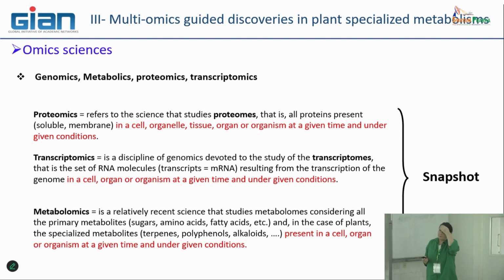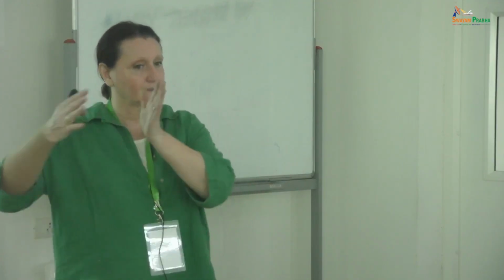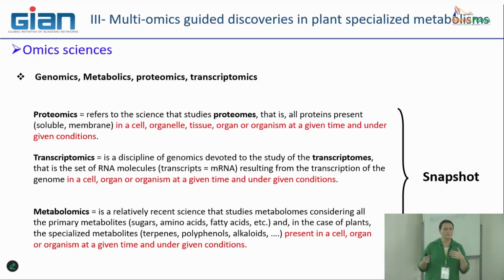So it means that before starting to make some proteome, transcriptome, or metabolome, you need to be exactly conscious of the situation of your plant. And this is interesting because in this way, we can put the plant in different types of conditions and compare how the proteomes, transcriptomes, or metabolomes are conserved or different.